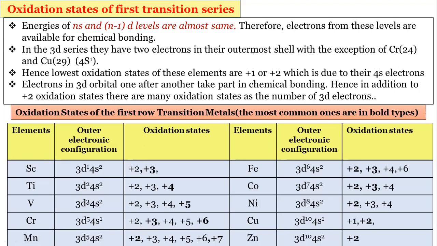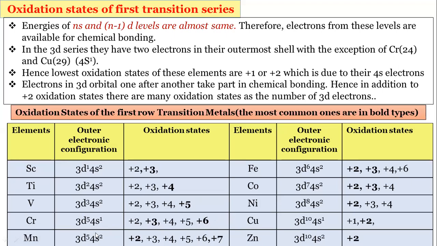The +1 oxidation state is very unstable, so that's why it is not written here. +2 means 1 electron from 4s and 1 electron from 3d, so 3d will contain 4 electrons. In case of +3, this 1 electron and these 2 electrons will be given, so 3 electrons will be there in 3d. So the +3 oxidation state and the +6 oxidation state are the more stable oxidation states in case of chromium.